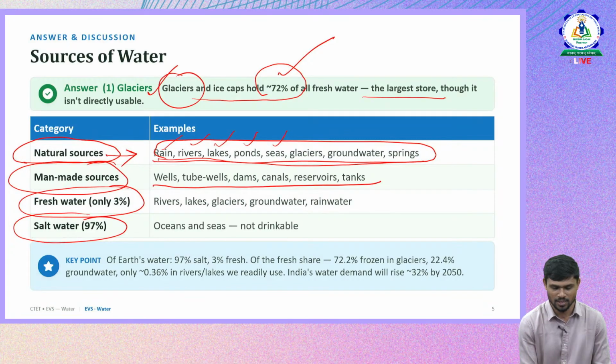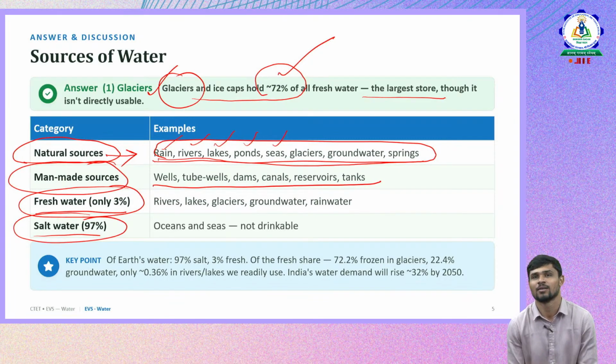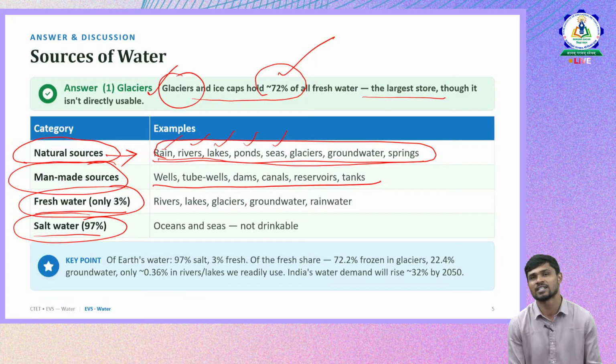And fresh water: how much is the fresh water and how much is the salt water? Fresh water is only 3% of the amount of water present on Earth. Only that 3% is potable, that means consumable by living organisms. The remaining 97% is not consumable. We cannot drink that water because it is salt water, present in seas.